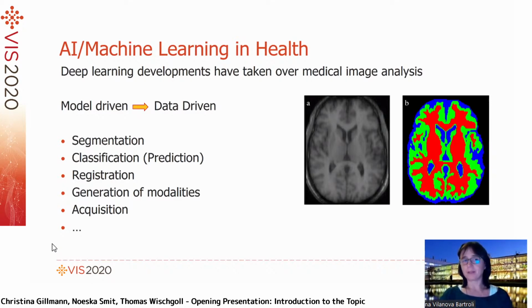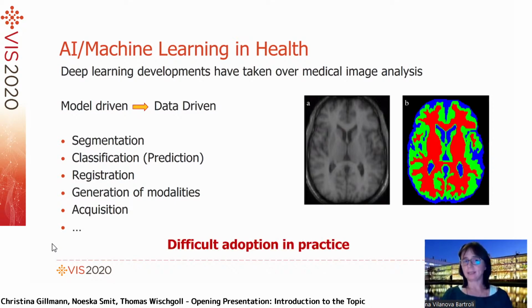Furthermore, other methods have also been used, like, for example, using machine learning for the generation of modalities. So without doing the acquisition, being able to actually generate other modalities, or even using data-driven building of images from the signal that is obtained in the acquisition. In this way, you can obtain better and more qualified images, or images of higher quality.